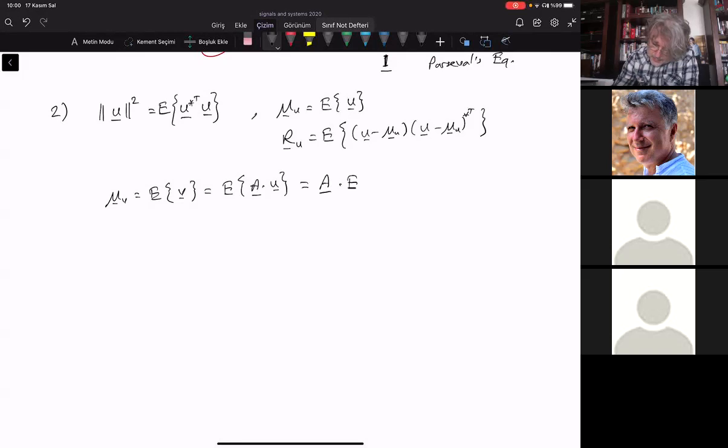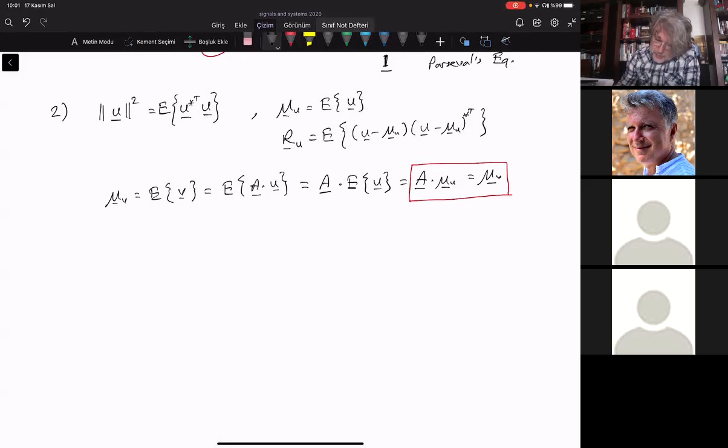So it's A times expected value of U, and we know that expected value of U is mu U. So the answer is A times mu U. Let me say this is equal to mu V. So this is our first observation. The average is also transformed with the same transform. If the signal is being transformed by A, then its average is also transformed by A.